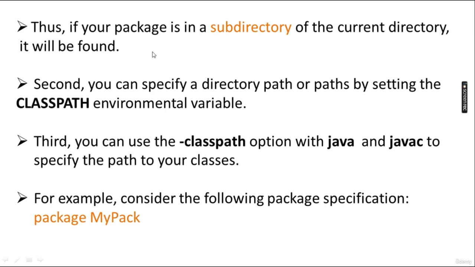For example, if your current directory in the command prompt is a directory, and inside that directory a subdirectory exists, and inside that subdirectory your package exists, then it will be easy for the Java compiler to find your package. Second, you can specify the directory path or paths by setting the CLASSPATH environment variable. So you have to give the CLASSPATH environment variable.